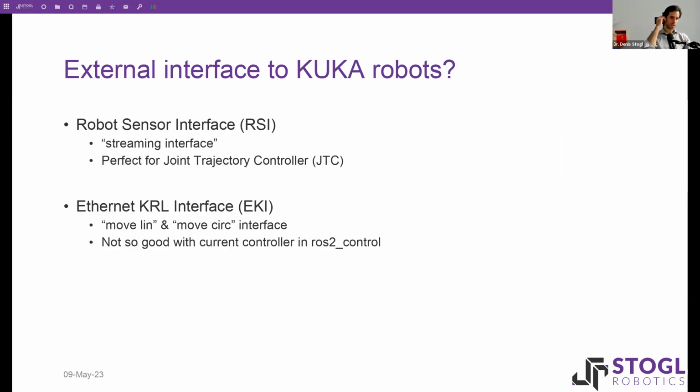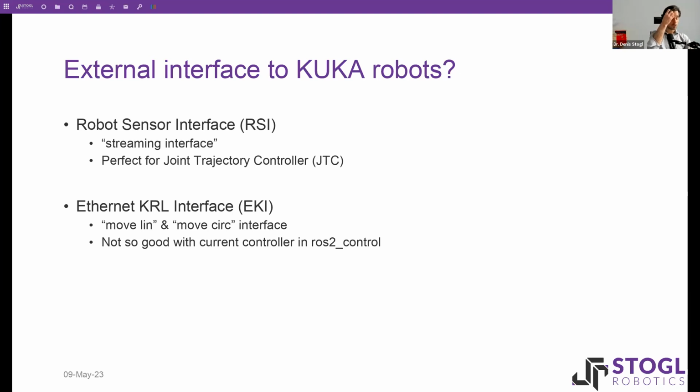Now, when we are talking about Kuka robots, there are basically at the moment two options for how to control them. For one, the Robot Sensor Interface, or RSI, or ROS-I communication. This is a streaming interface and it's perfect for ROS2 control and the joint trajectory controller, since the robot drives to the points it gets from the controller.